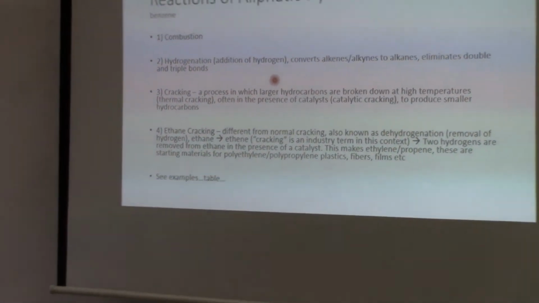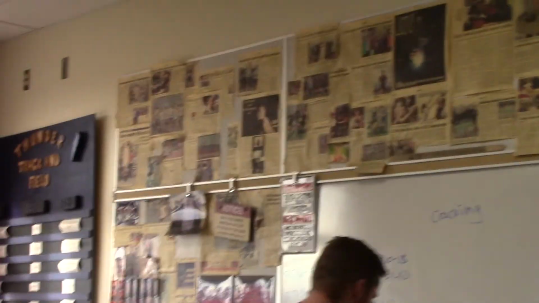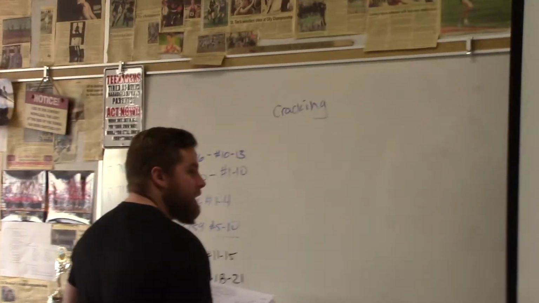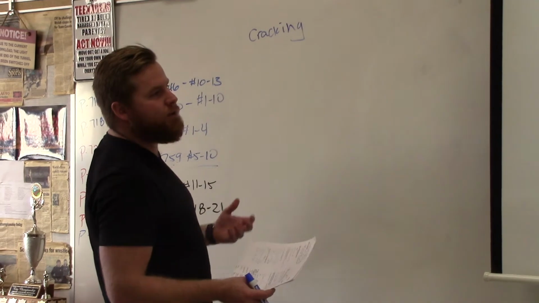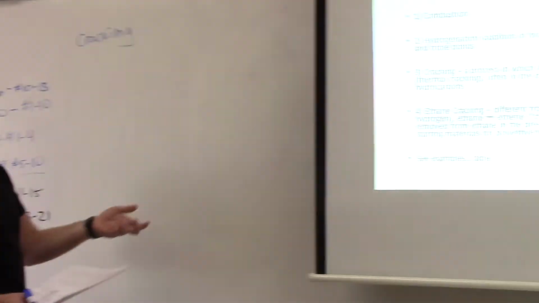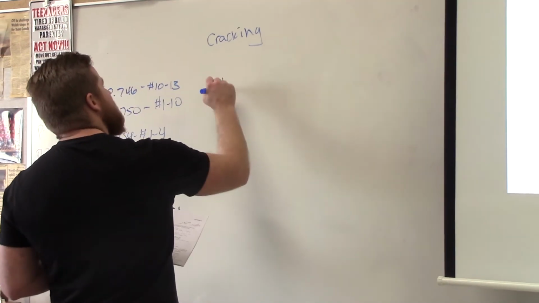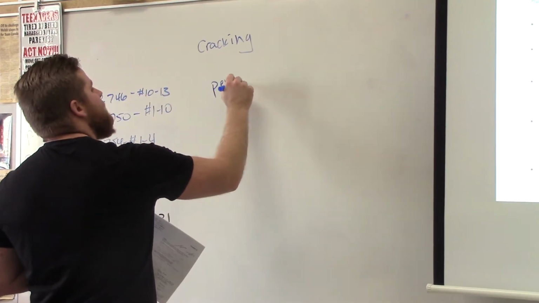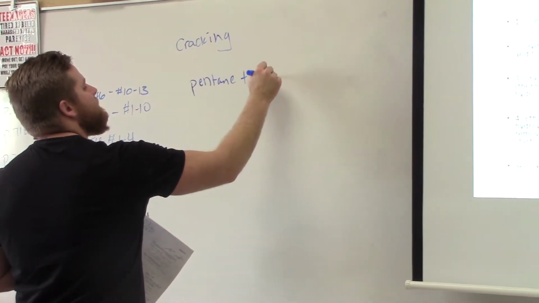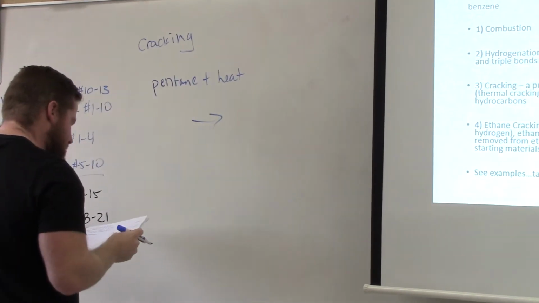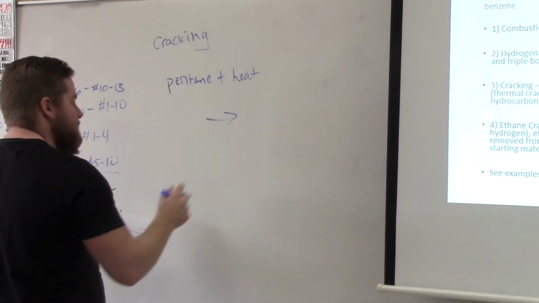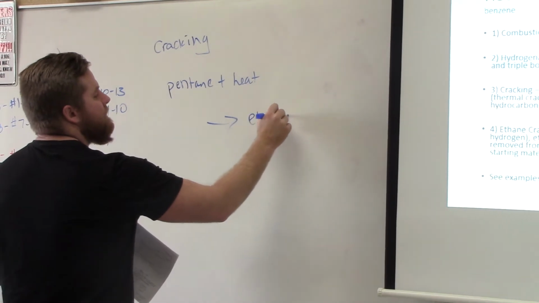So here's an example of cracking. Again, cracking is a process in which larger hydrocarbons are broken down at high temperatures and with catalysts to produce smaller hydrocarbons. So pentane plus heat, I could crack this into ethane and propane.